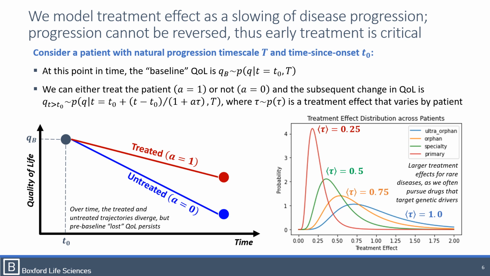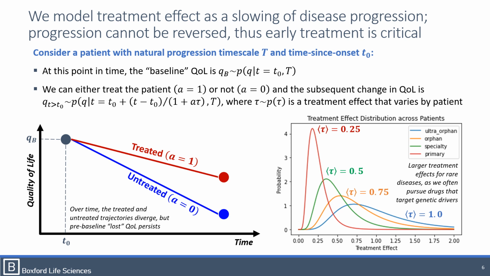To generate synthetic phase 2 data, we also then need to model the treatment effect of our drug, which we assume slows but does not reverse the progression of disease. And to understand how this works, we consider the figure at bottom left, where at an initial time since onset T0, we have a patient who has a baseline quality of life, and then we either make the decision to treat the patient, in which case we set A equals 1, or we do not treat the patient, we have a control, A equals 0.